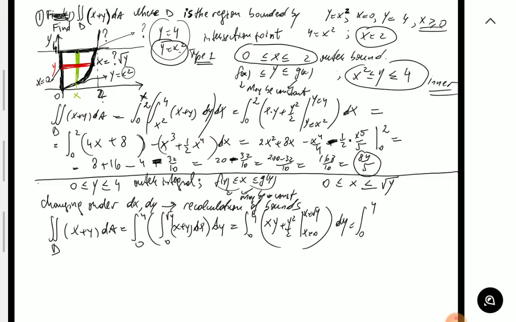Let's plug in square root of y into this quantity here. So if I plug in square root of y for x, that's y times square root of y, which is y to the 3 halves.